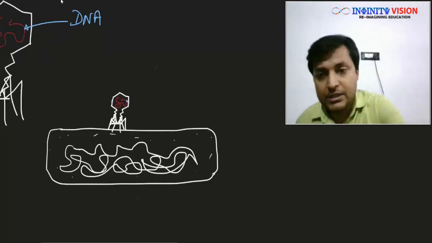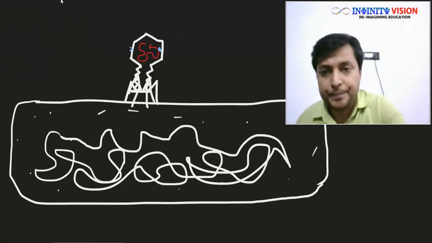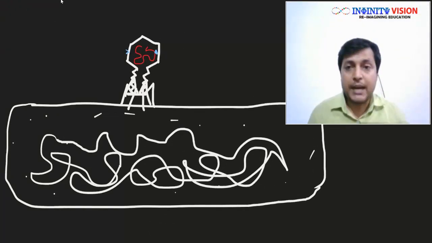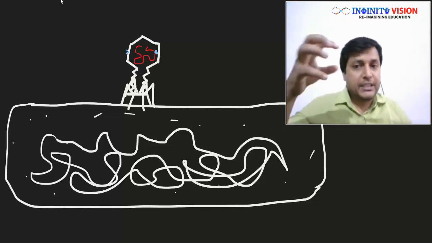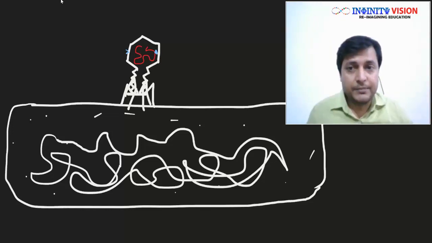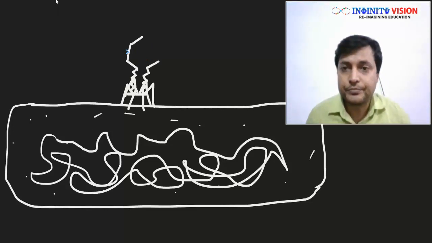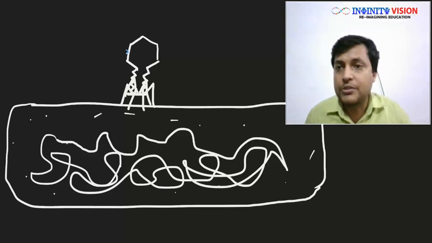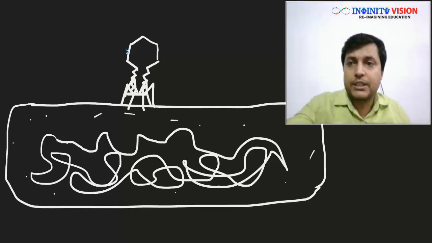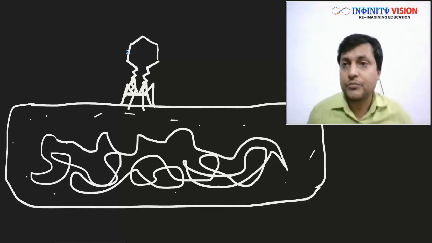Now let me zoom in to better understand. So this is the bacteria. Now what happens is, once this bacteriophage attaches itself on the bacterium, let me redraw it. It starts to inject its genetic material.